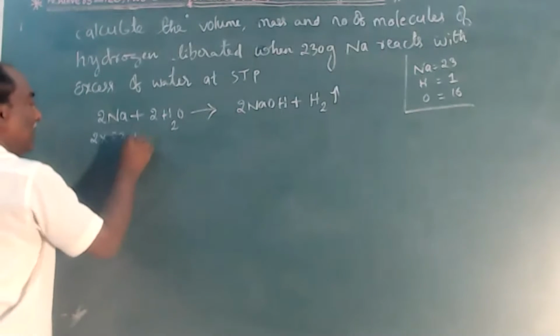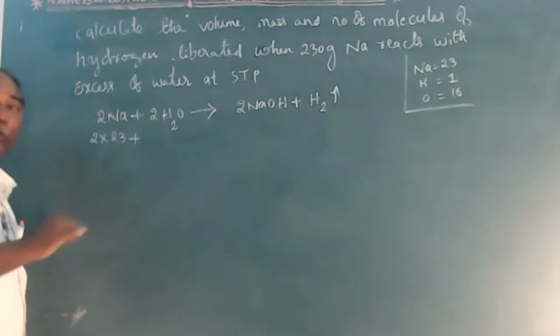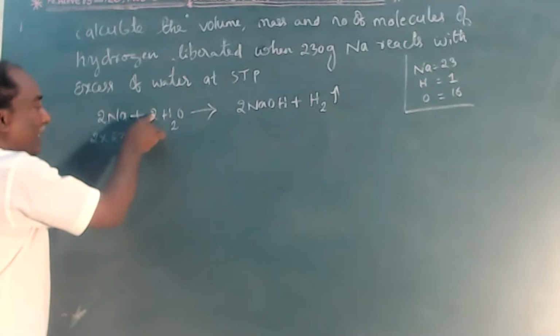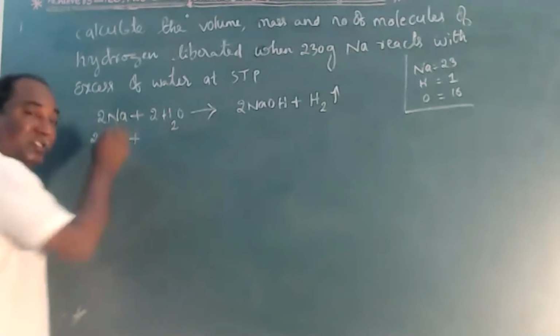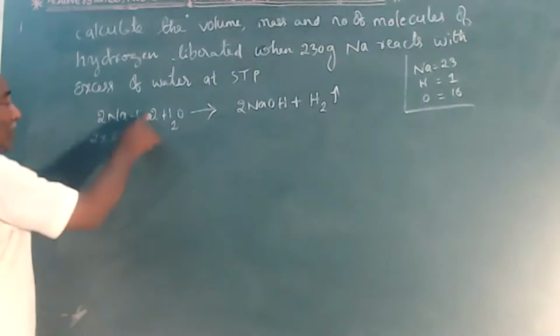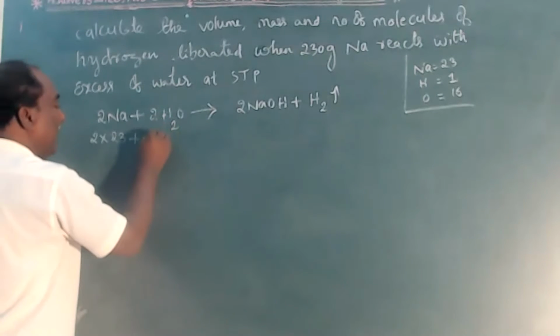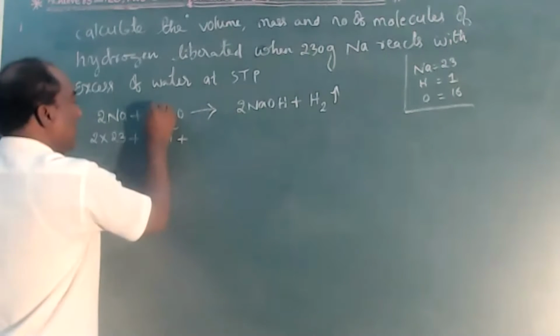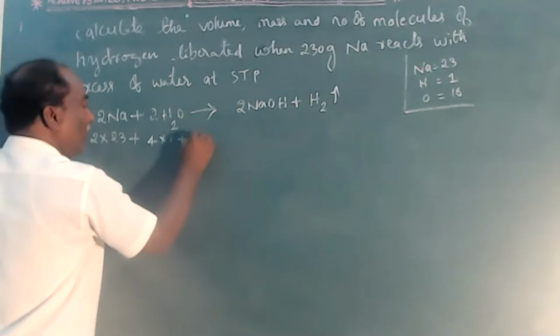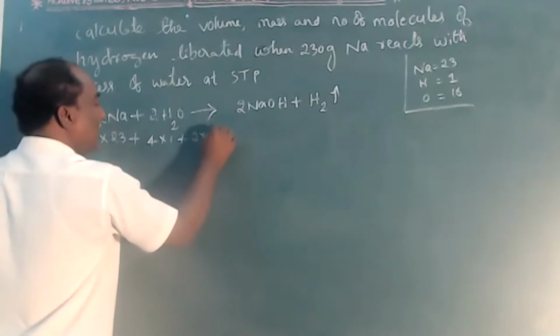This 2 belongs to hydrogen and oxygen, as I already told you before class. Hydrogen contains 2 atoms, so 2 2s are 4, 4 into H means 1. Then after plus, this 2 belongs to oxygen also: 2 into O means 16.